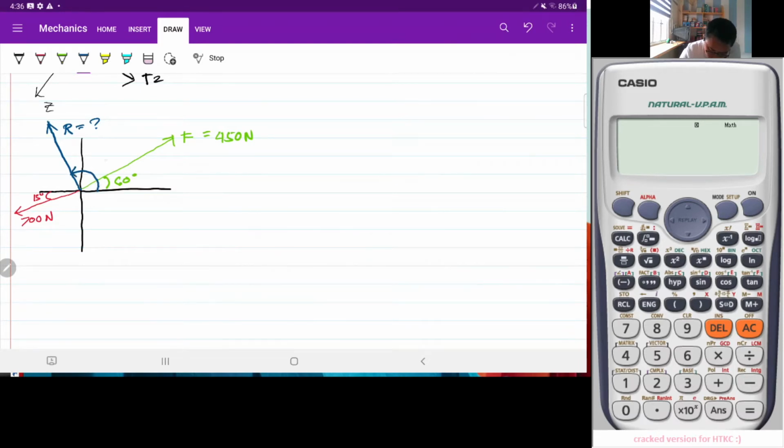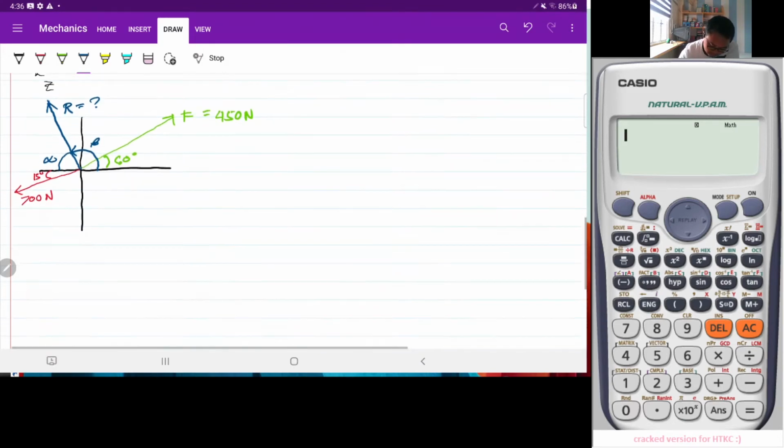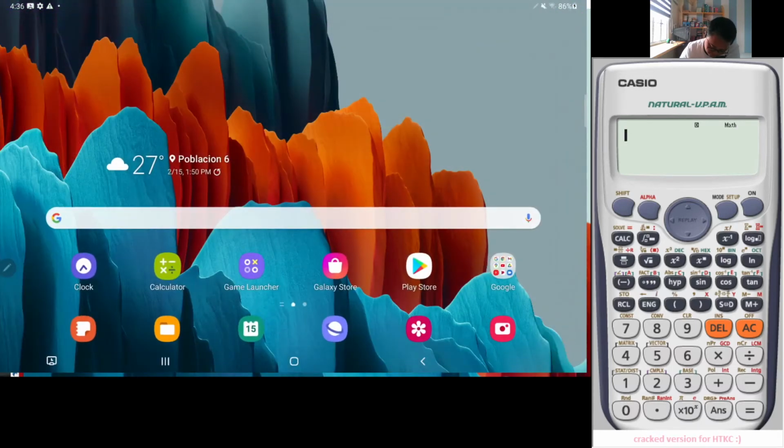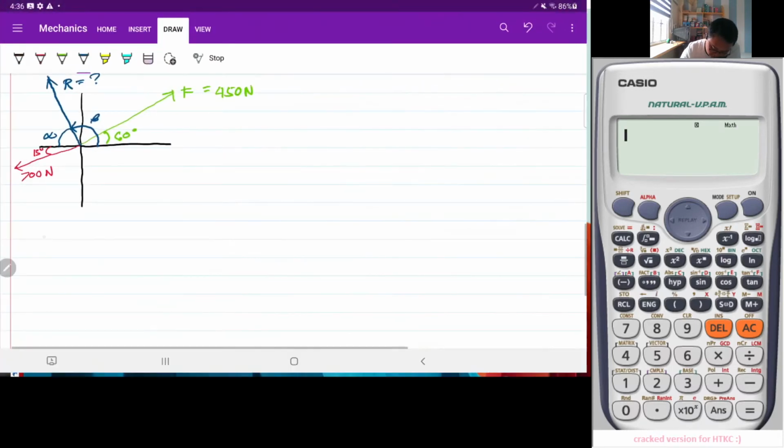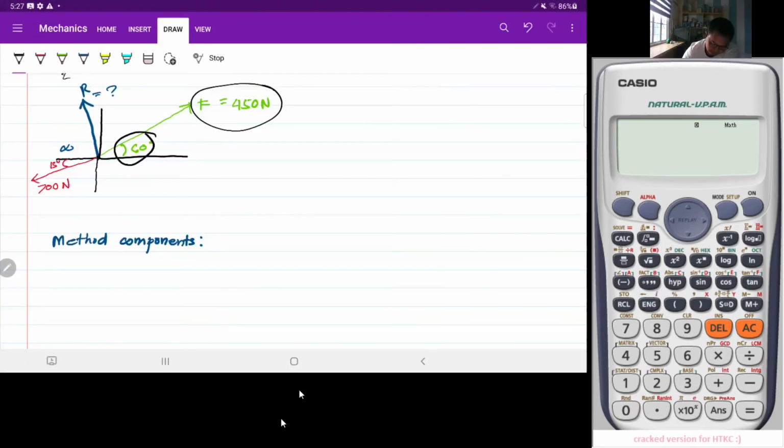Let's call this, siguro, beta, and this is alpha. Okay, sige. So by method of components, we will solve this.